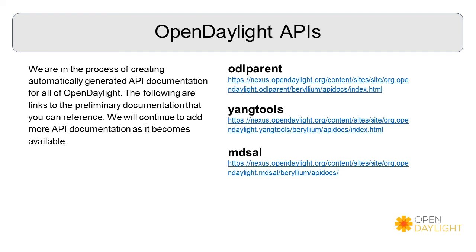There was a question in the chat, which I'll take a chance to go after, which is, are there any ODL applications that we downloaded and used in ODL training courses? There are, and it mentions Mininet. The example I always have people use is the L2 switch project and Mininet in OpenDaylight, where you can do demos playing with bringing up L2 switch, which will give you connectivity between all of the nodes in Mininet.